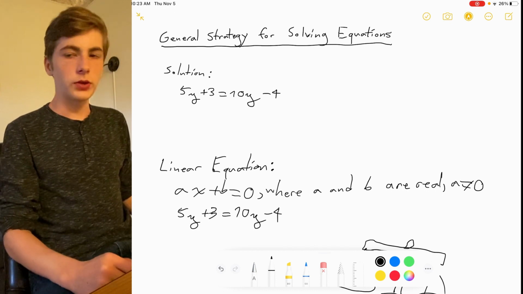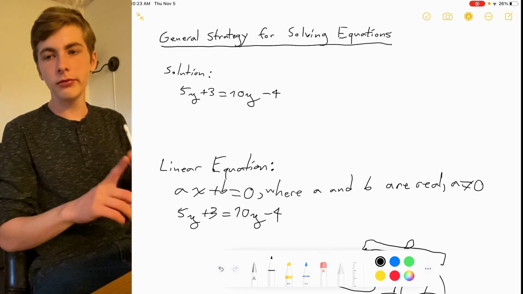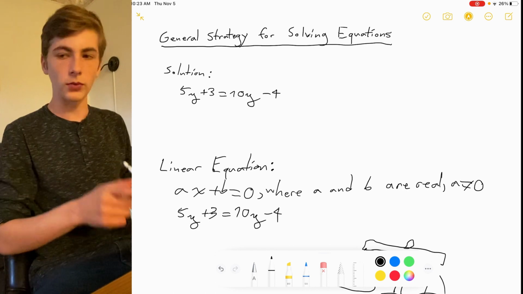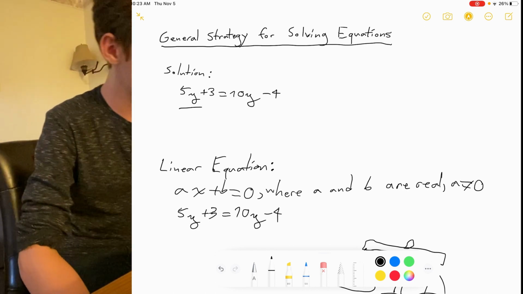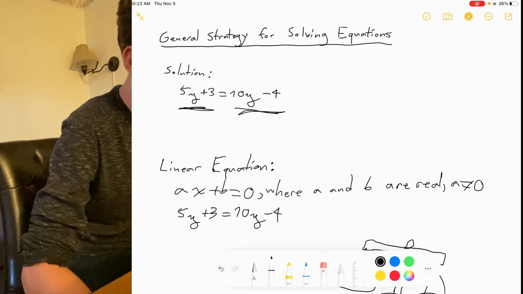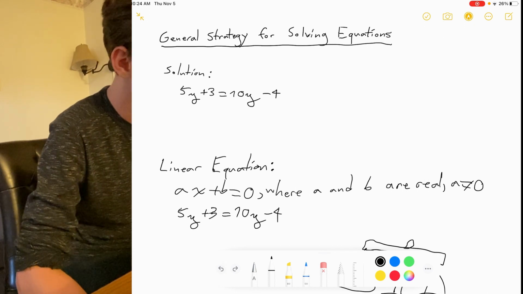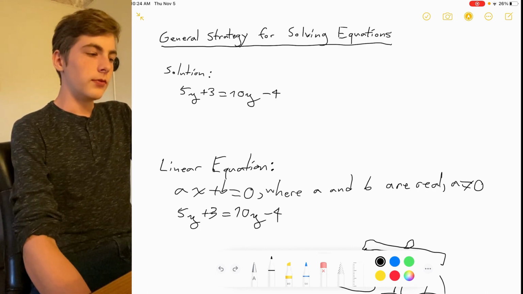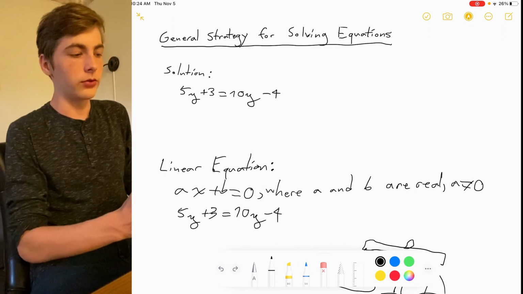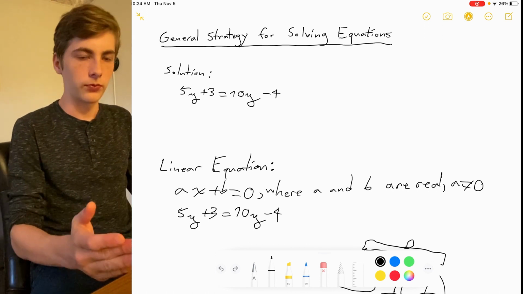A solution to an equation is a value of a variable that makes a true statement when substituted into the equation. What that means is, if we have this equation, 5y plus 3 is equal to 10y minus 4, you might notice that really only one value of y is actually going to make that true.